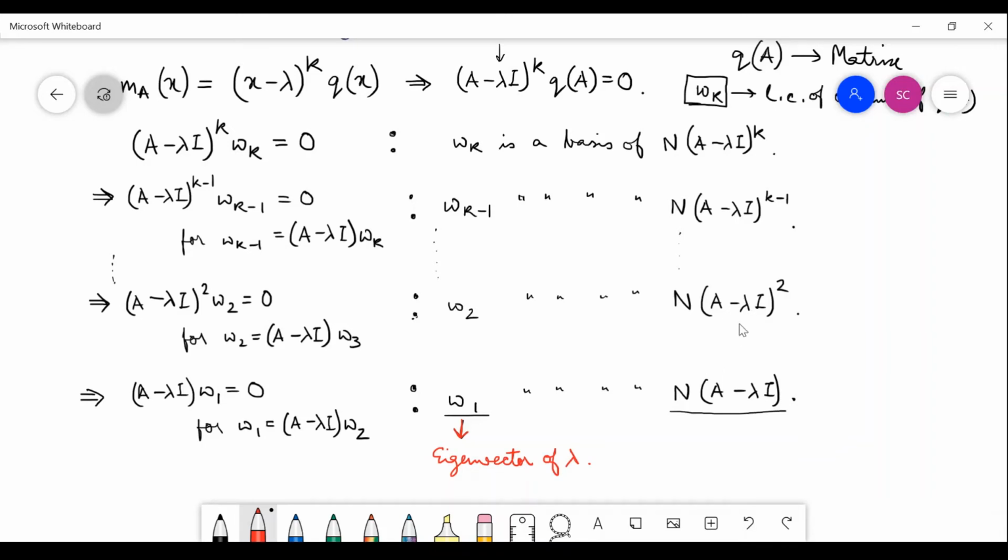So remember that this null space was called the eigenspace.